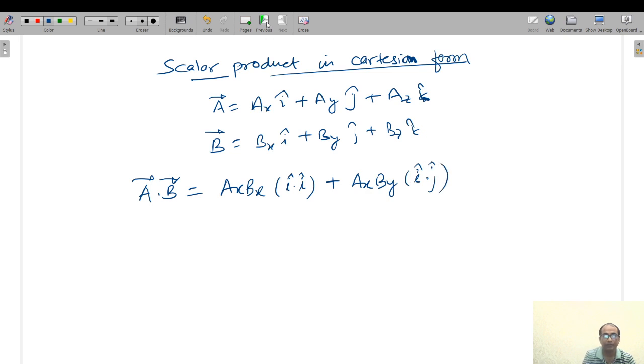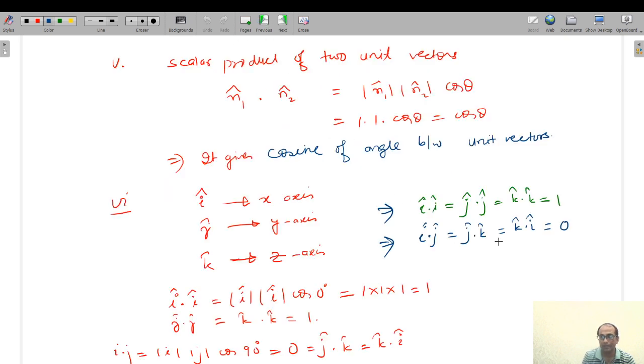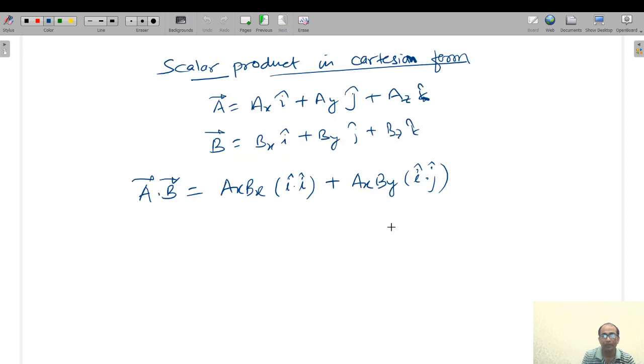From the previous slide, i dot j is 0, because these unit vectors are perpendicular to each other. Similarly, AX with BZ gives i dot k, and this is also 0.